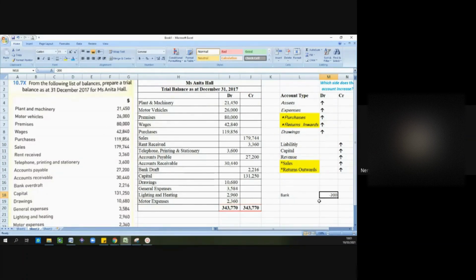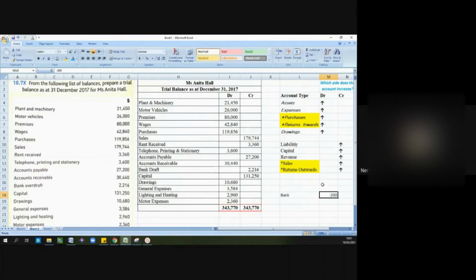So in this case, the balance brought down for this particular account would be on the credit side. And if they do not give you the T accounts, they will give it away here. They will tell you bank credit balance, and you know that bank would have the balance on the credit side. But if they do not include that, then chances are that it's not a negative number.